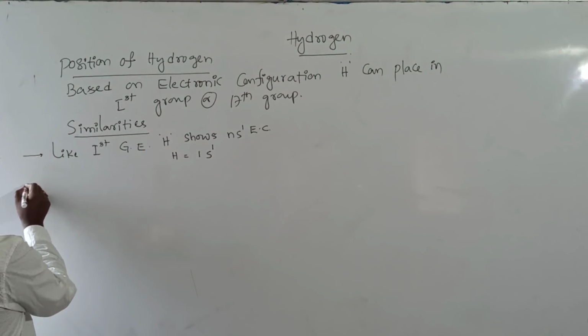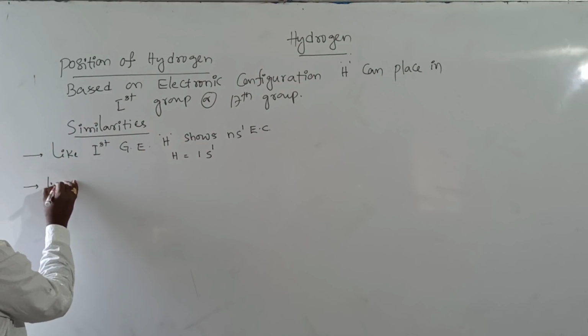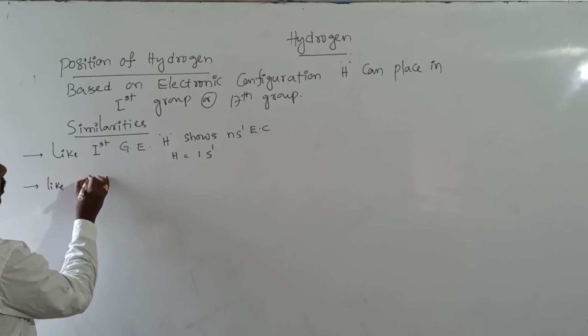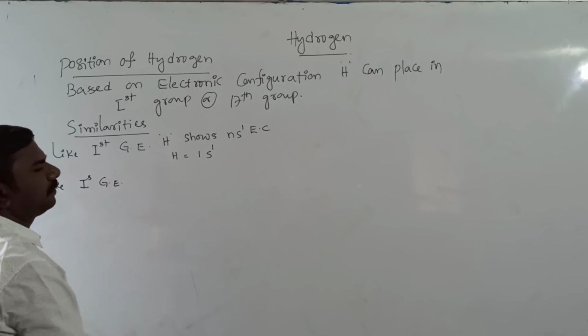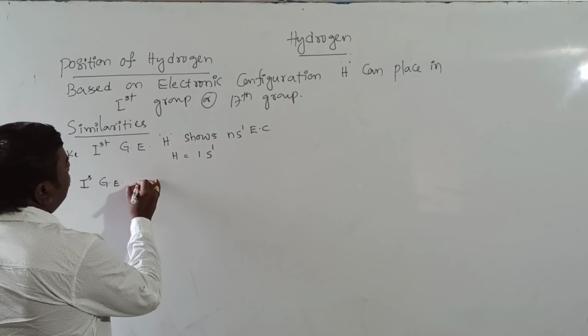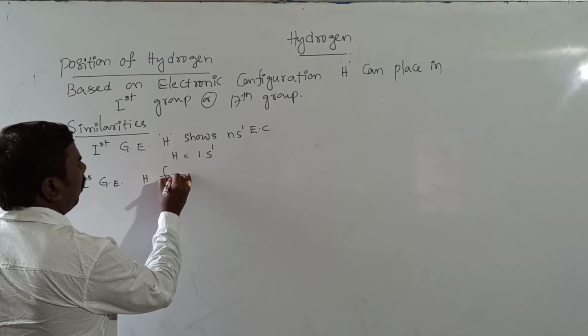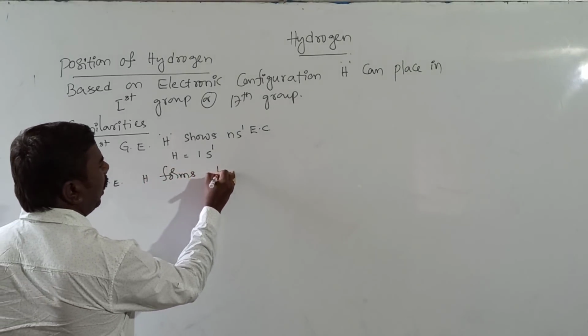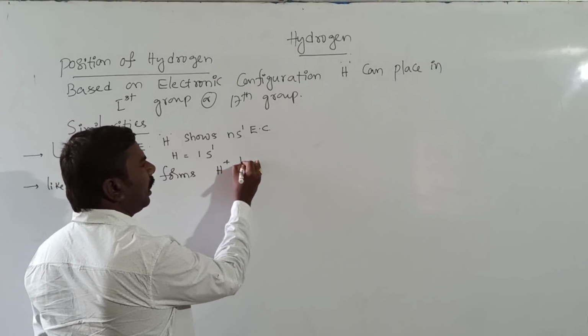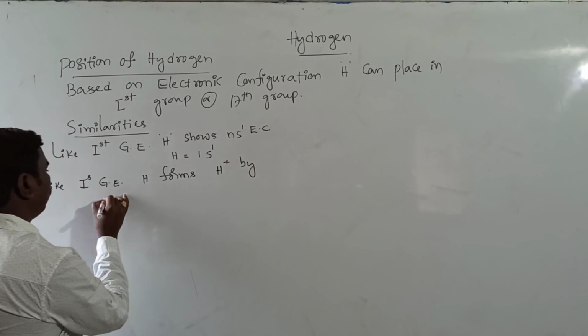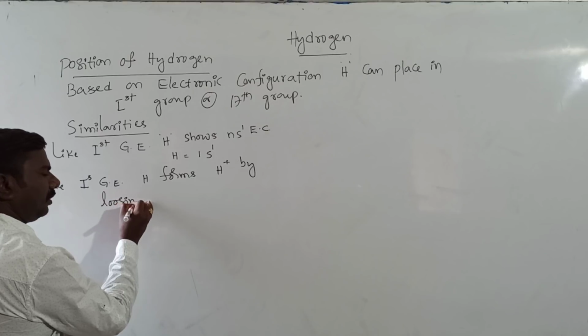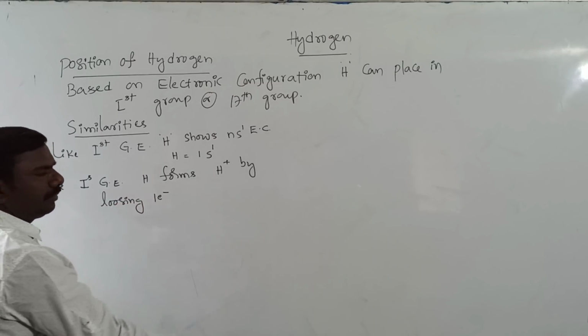Next point, like first group elements, hydrogen forms H plus by losing 1 electron.